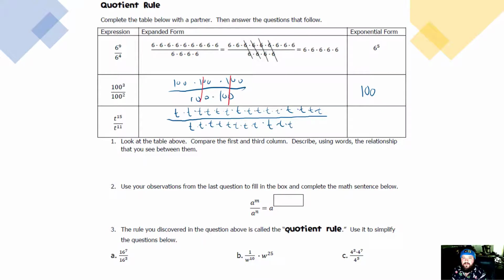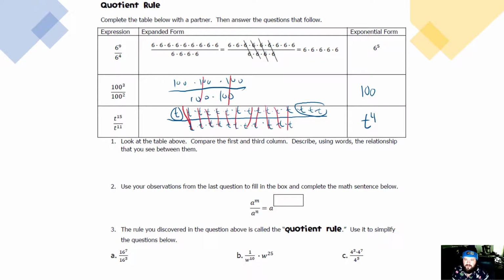Alright, so if we've got 15 t's on top and 11 on the bottom, let's see what crosses out. So we're left with, on top, 1, 2, 3, 4. So we have 4 t's on the top, so t to the 4th.